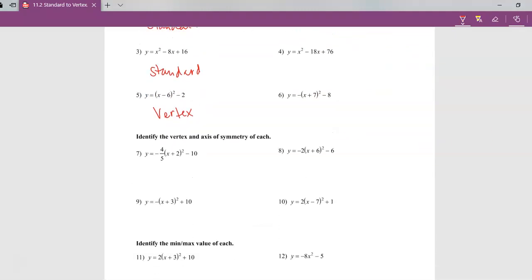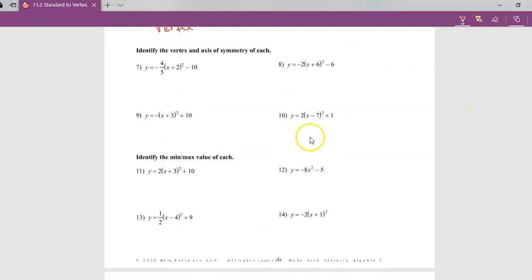Okay, and then number seven, we want to identify the vertex and the axis of symmetry. So again, kind of review from yesterday. Think about your transformations. Plus 2 on the inside goes left 2. Negative 10 on the outside goes down 10. Right? So here's my vertex. The negative out front is going to flip it.